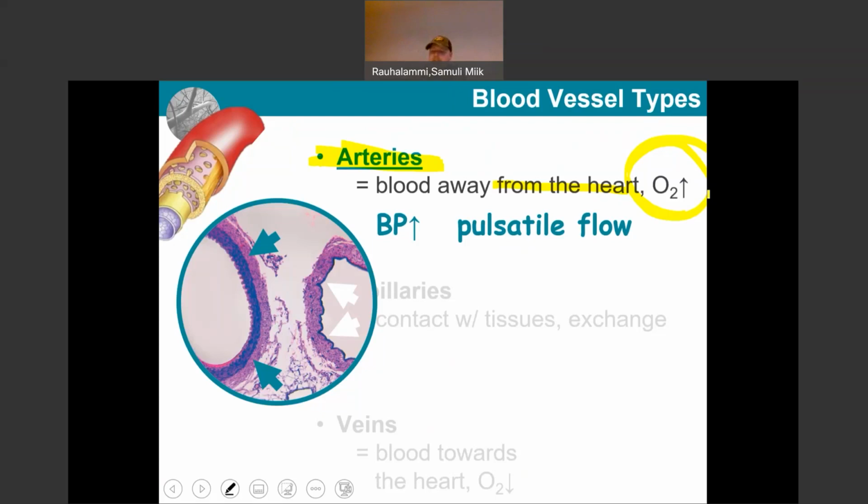So what I want to spend a little time on is having a look at the differences on a microscopic level between arteries and veins. Here I have a microscopic image where we have just conveniently two blood vessels right next to each other. One of these is an artery and one of these is a vein. Again, I would typically ask my students to identify which one would be which.